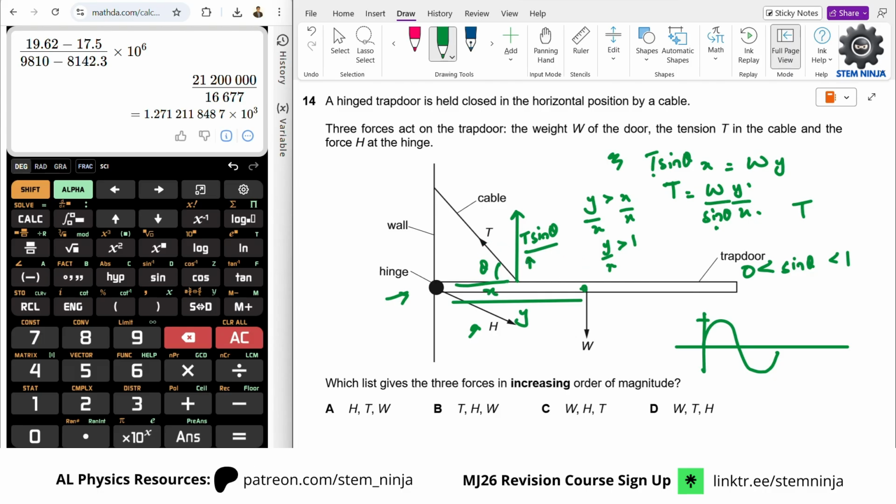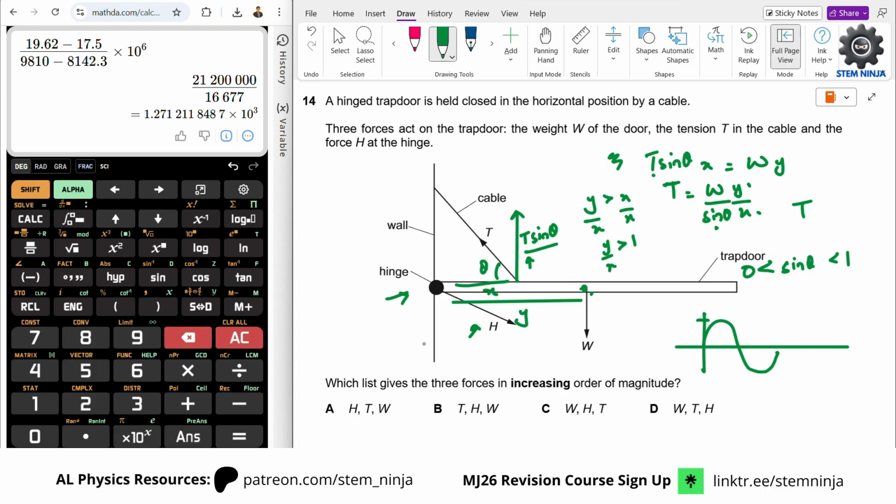So tension would be highest. Tension is the highest.